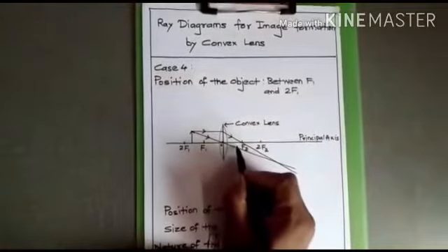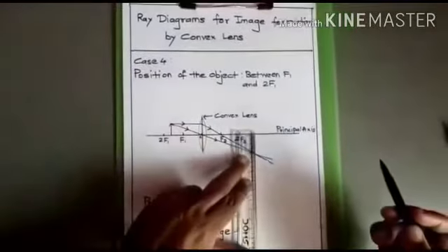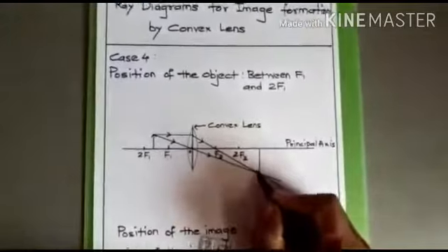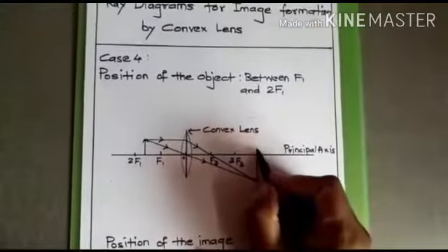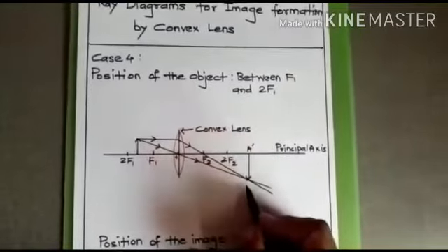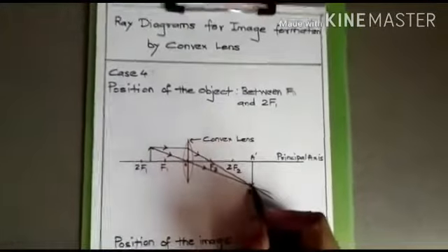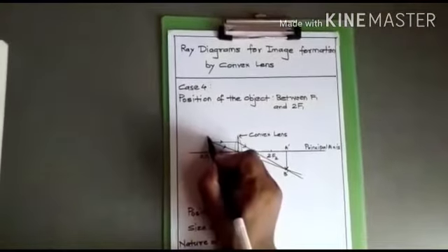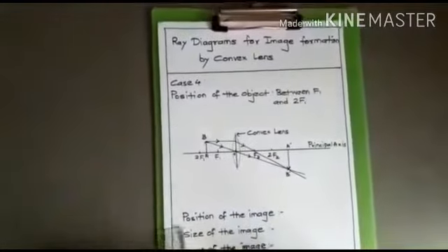The intersection of these two light rays is the image of the object AB.